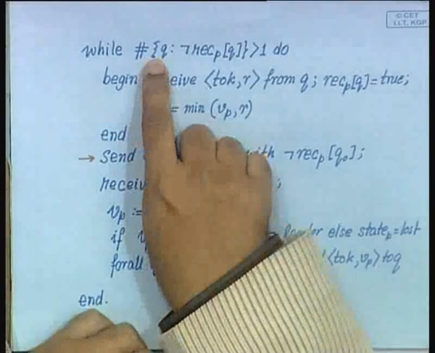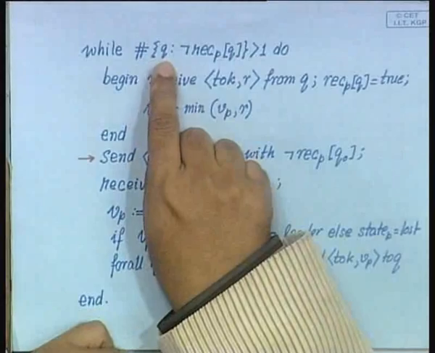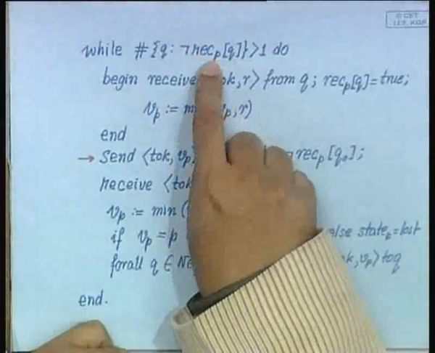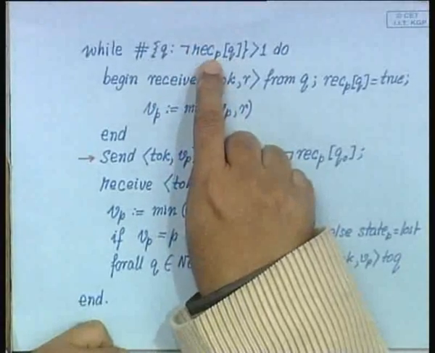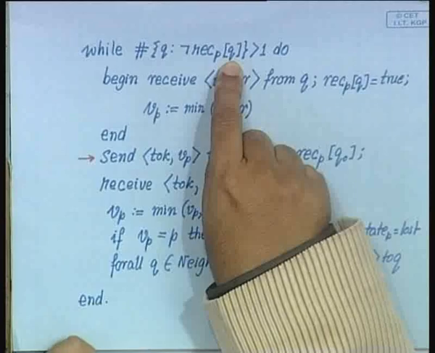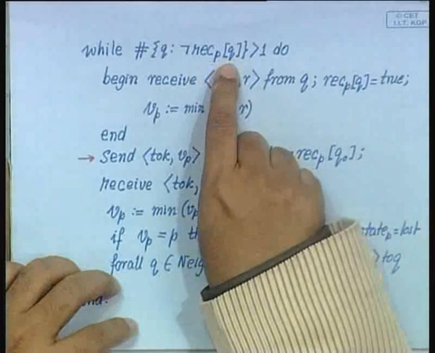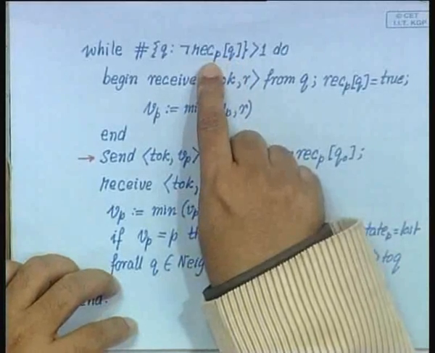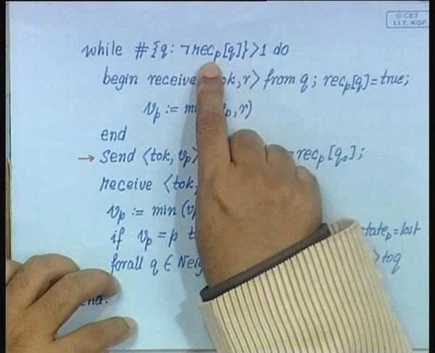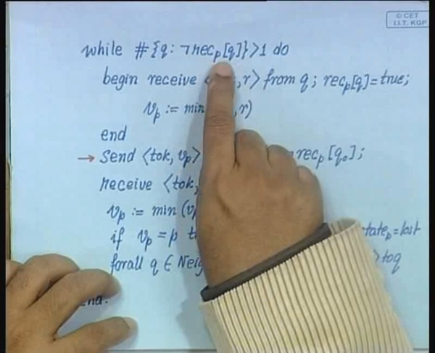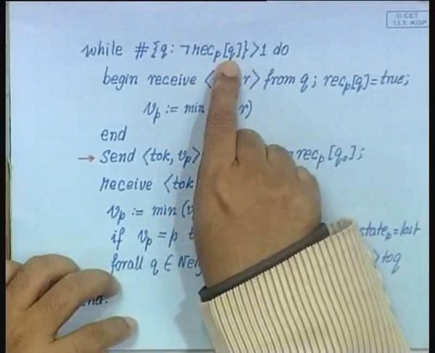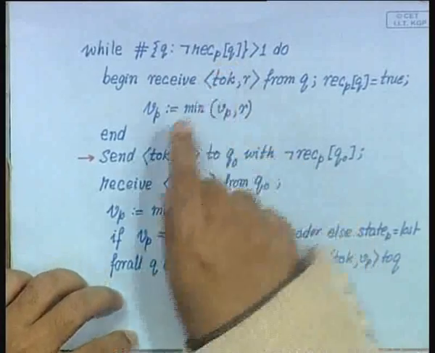RECP is basically an array of flags kept in P to indicate whether a token has been received from the neighbor q or not. So, for all neighbors j of P, RECP[j] is initially false.